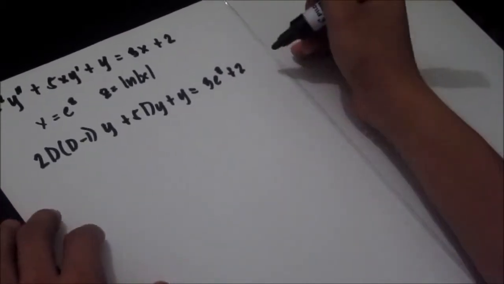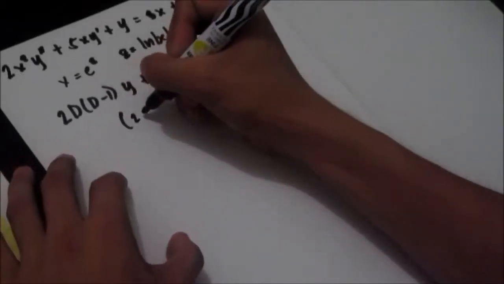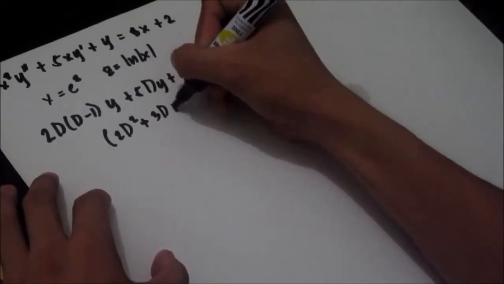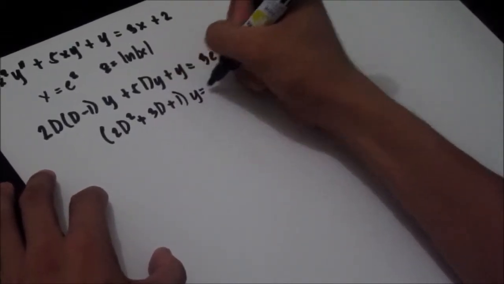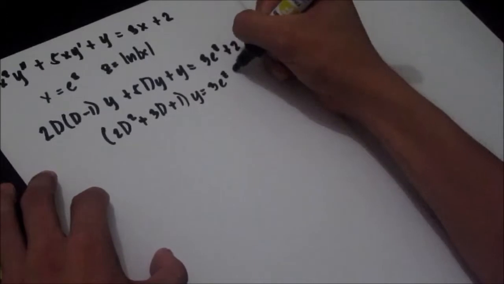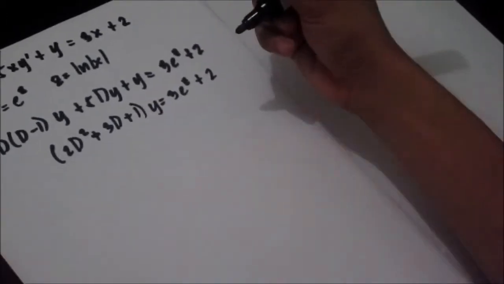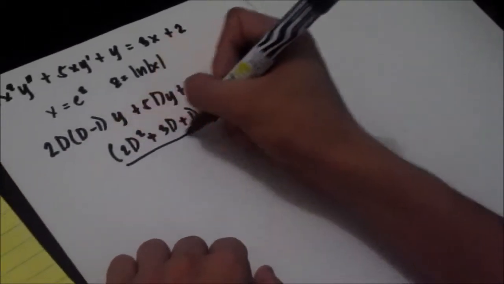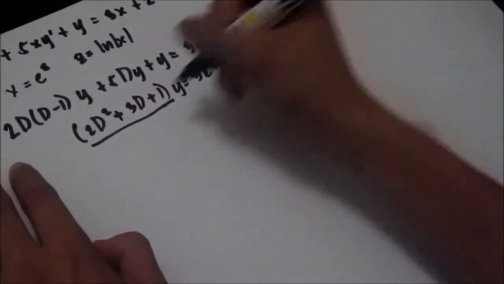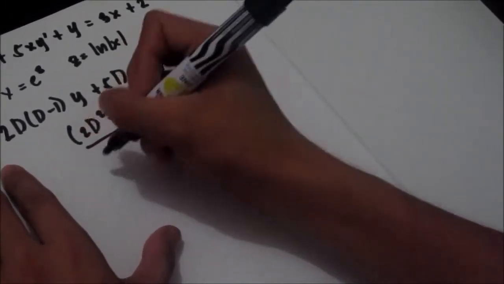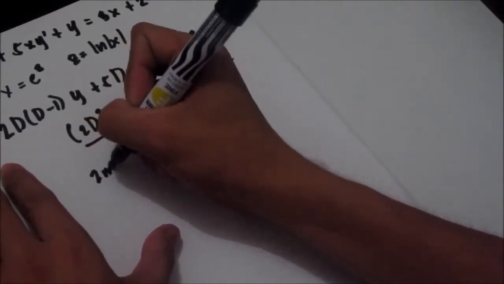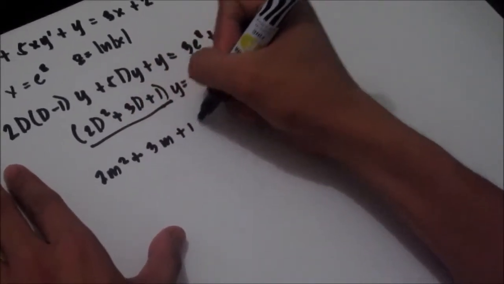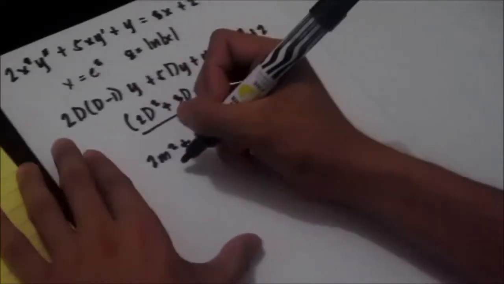Evaluating further the equation, we will get 2D squared plus 3D plus 1 times y equals 3e to the z plus 2. Again, we will get a complementary function for this equation, and thus we must find its roots. So we now have 2m squared plus 3m plus 1 equals 0.